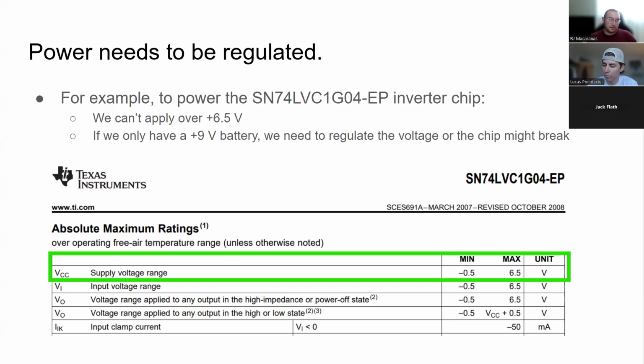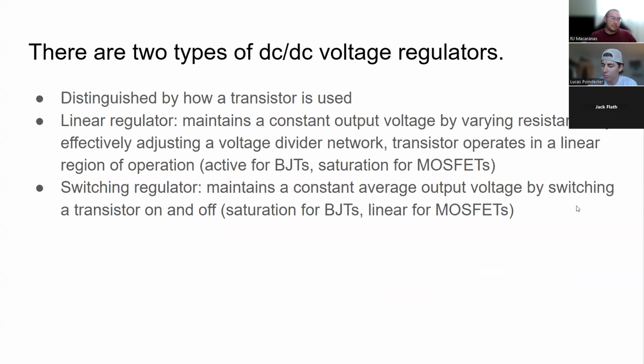So we need to be able to regulate this 9 volts into something that can be applied to this chip, right? There are two types of these DC to DC voltage regulators, and they're distinguished by how the transistor is used.